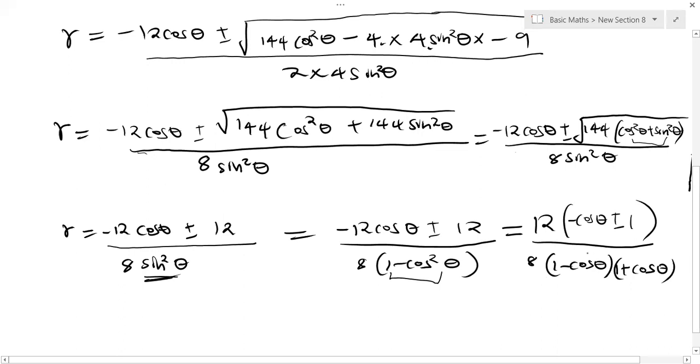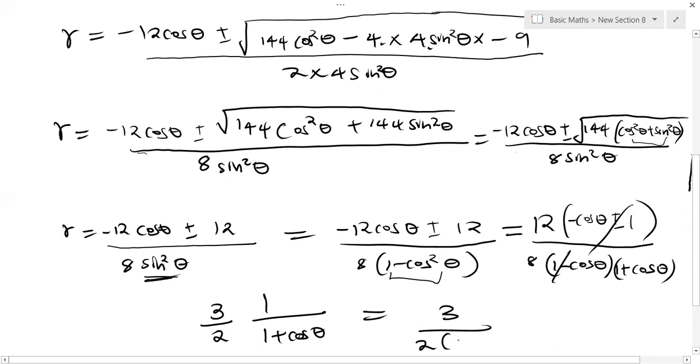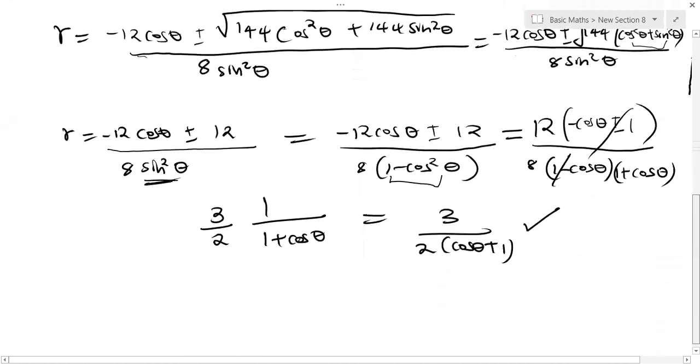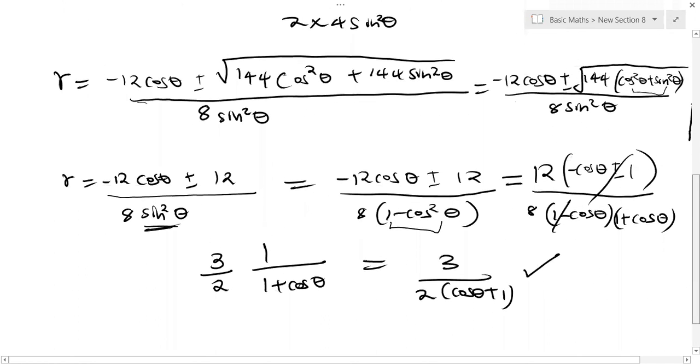Okay, so taking the plus sign, this is the same as 1 minus cos theta, so I can cancel this and this. 12 and 8, I will have 4 goes there, 3 over 2 goes here, and then 1 over 1 plus cos theta. So this basically gives 3 over 2 into, I can express it as 1 over cos theta plus 1. And hence the proof, because we were told to show that 3 over 2 into cos theta plus 1.